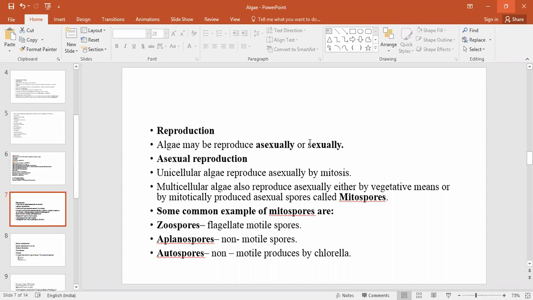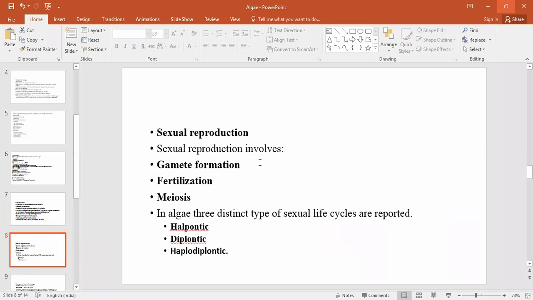Then second is the sexual mode of reproduction. This sexual mode of reproduction involves three processes. First one is gamete formation, then second one is fertilization, followed by meiosis.